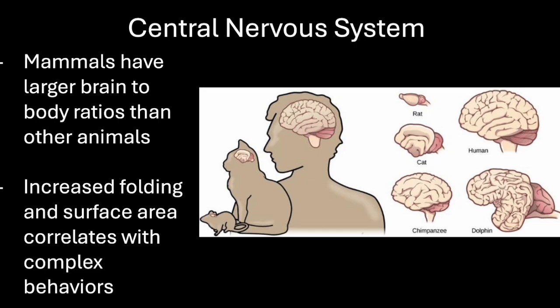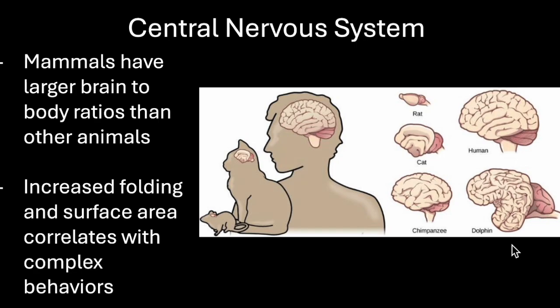So with mammals, we typically think of these as having larger brain to body ratios than many other animals that have a central nervous system. But there are many other groups of animals that do have a central nervous system. Within our brain specifically, we see a lot of increased folding, like this dolphin brain, it's really wrinkly.